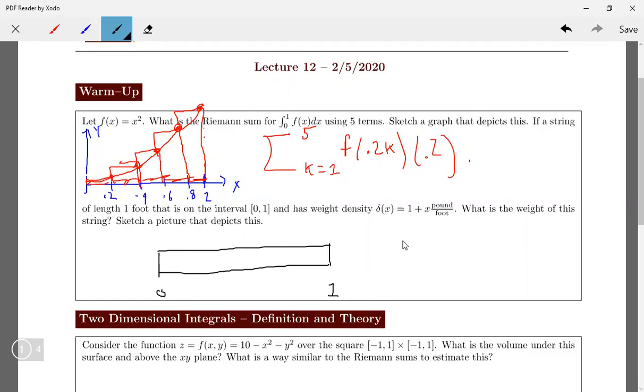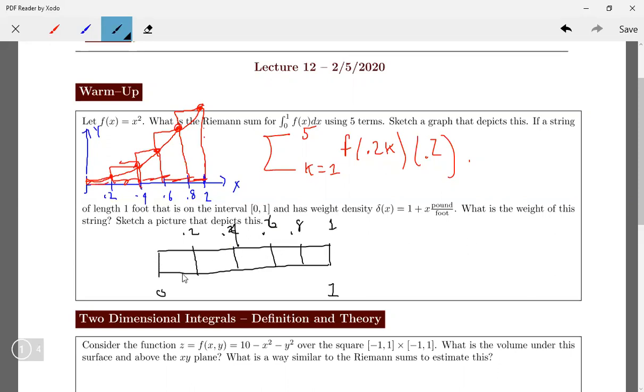We want to sketch a picture that depicts this. So we're going to look at a Riemann sum. Again, we're going to divide this into 5 equal pieces, every 0.2 feet. Then the weight is going to be approximately equal to, well, we'll just treat the weight as being constant on each one of these pieces.